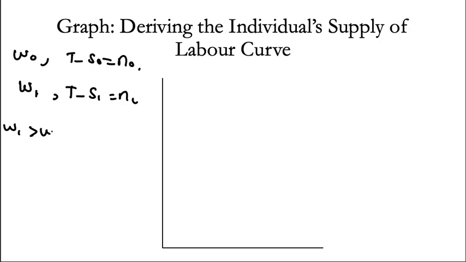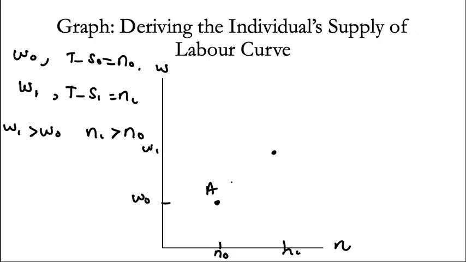W1 is more than W naught, N1 is more than N naught. Is it clear? So we have N here, labor hours. We have the real wage rate here. The first one is N naught with W naught, which is here. The second one is N1 and W1, which is here.